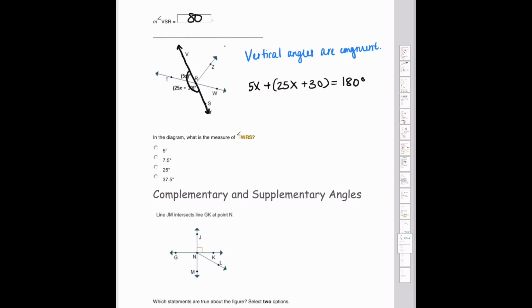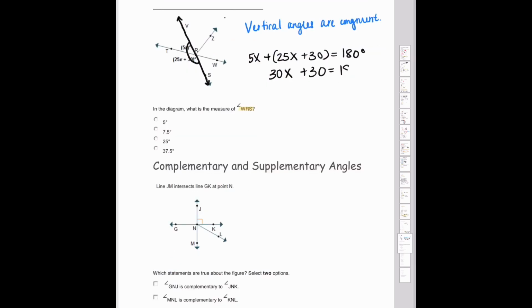Given that information, we would combine like terms, which is 30x plus 30 equals 180. We would subtract 30 from both sides. We get 30x is equal to 150. 150 divided by 30 equals x equals 5. So we have been given that x equals 5.